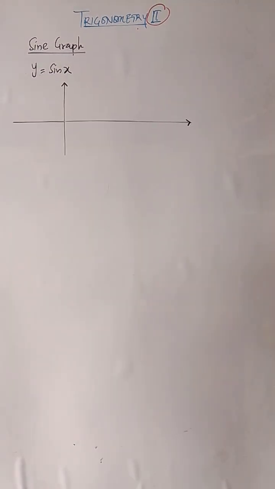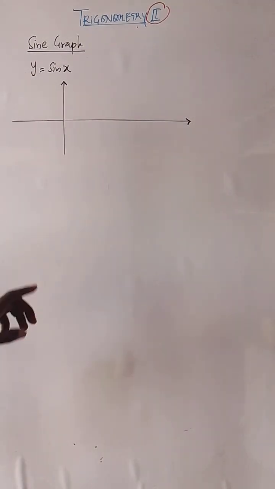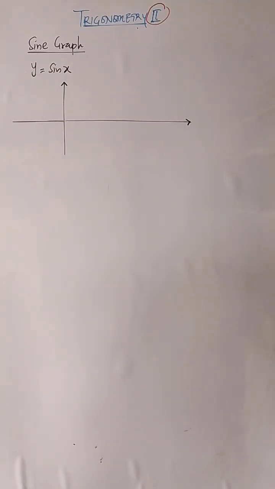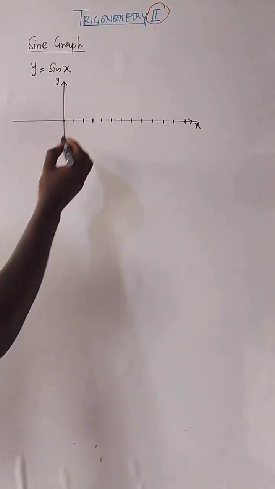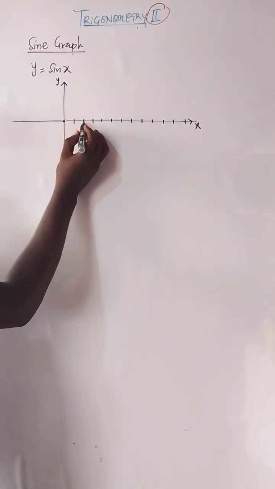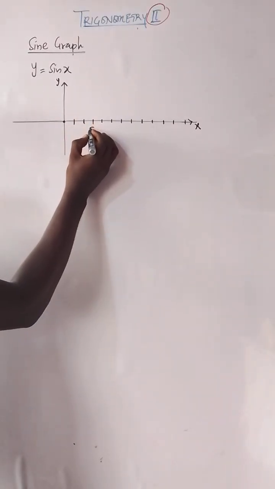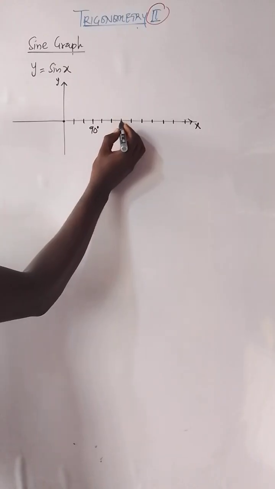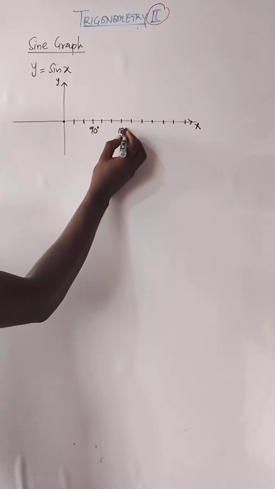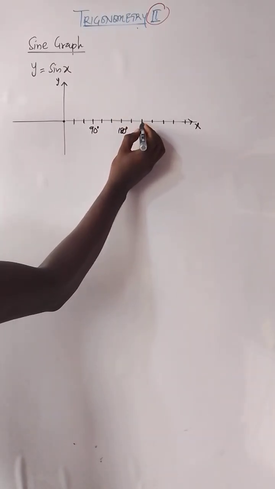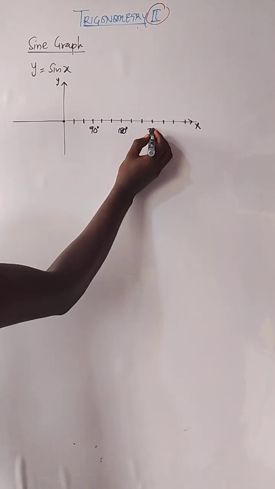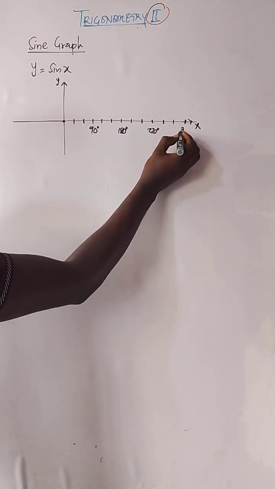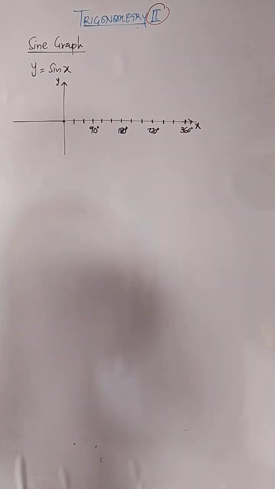So let's take theta from 0 to 360: 0, 30, 60, 90, 120, 150, 180, 210, 240, 270, 300, 330, 360.